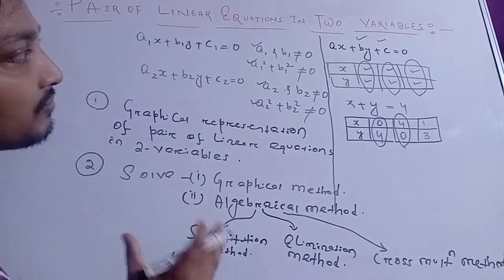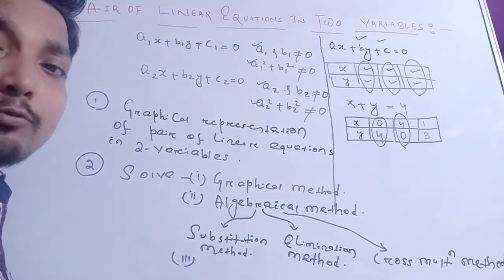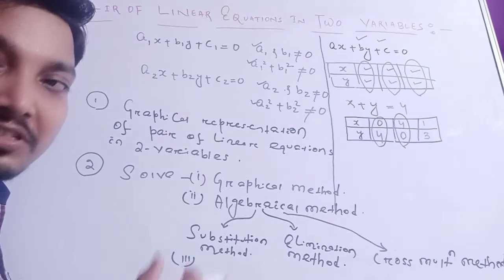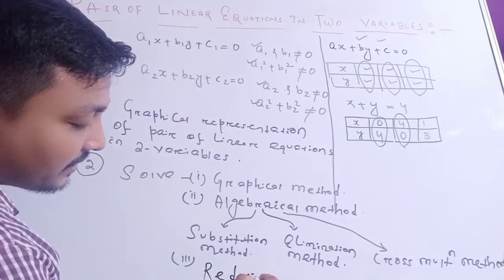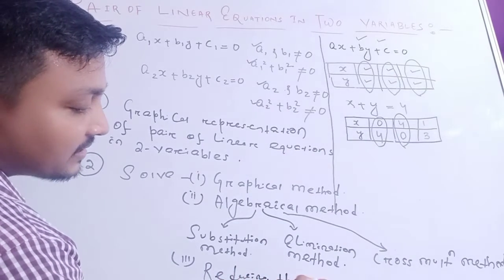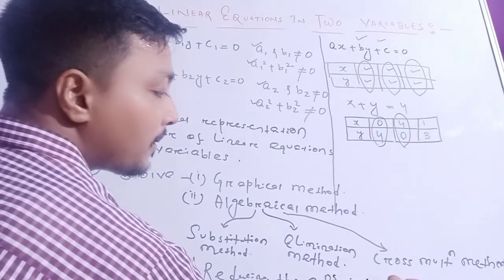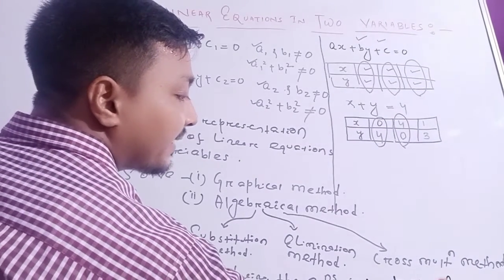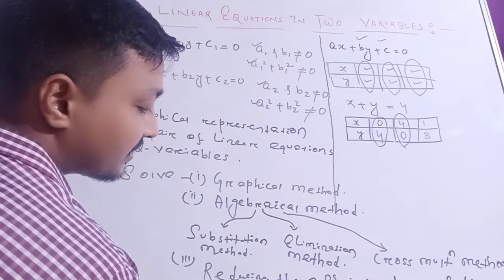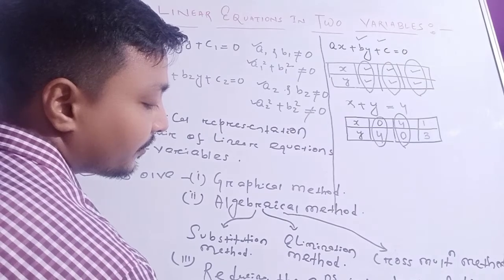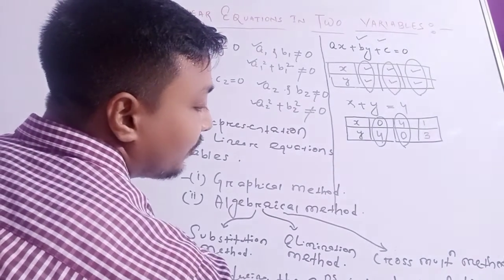Suppose one of the pair of equations is not in linear form; how do we reduce it to a pair of linear equations in two variables? So its name is reducing equations to a pair of linear equations in two variables, and to solve.